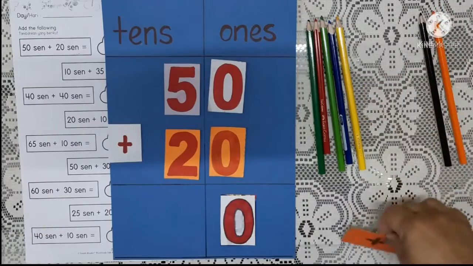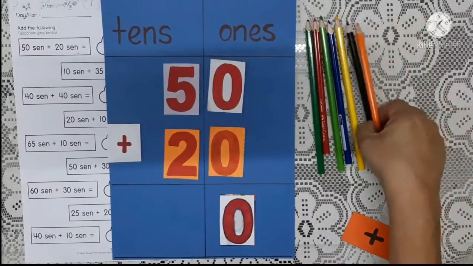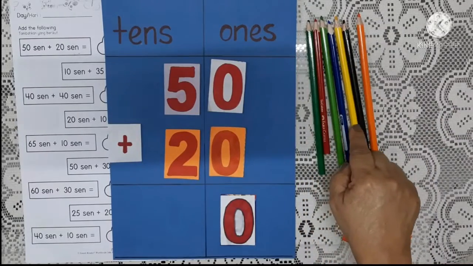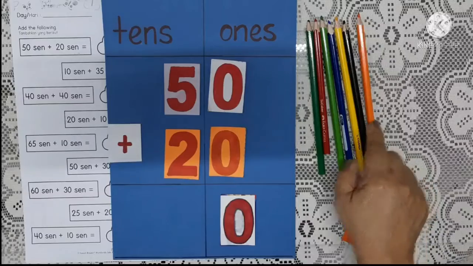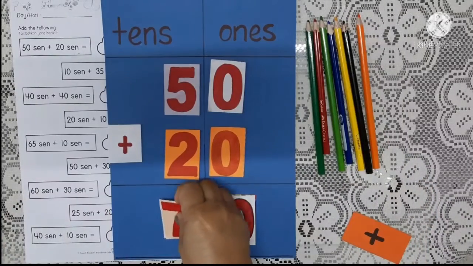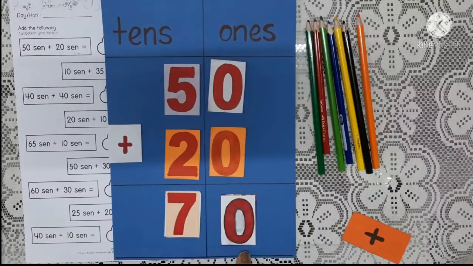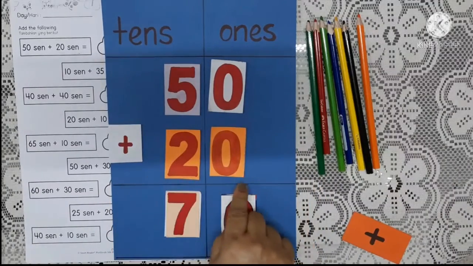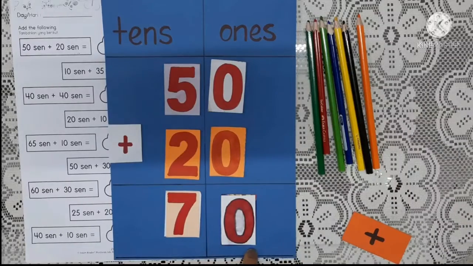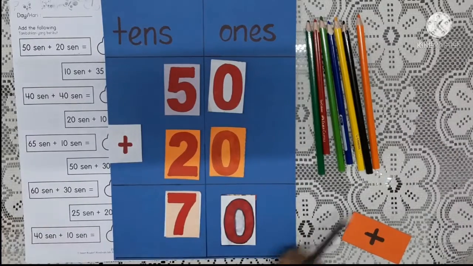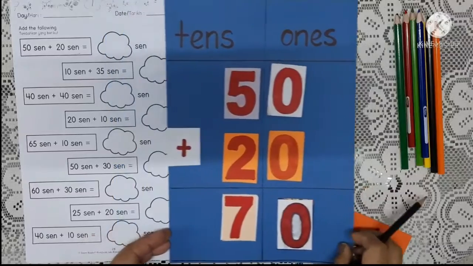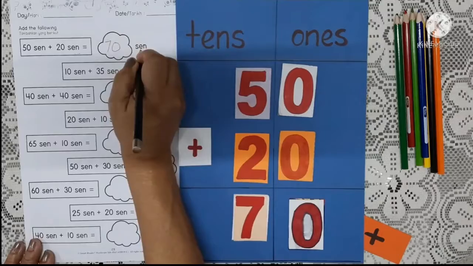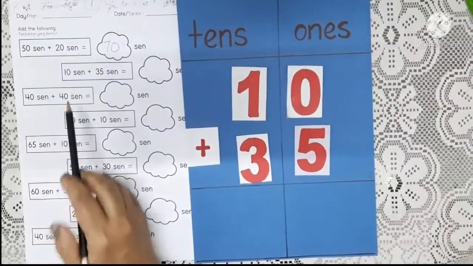Now let's see the total number of pencils. 1, 2, 3, 4, 5, 6, 7. So what number is this? 70. So 50 plus 20 equals to 70. Now let's write down. So 70 cent.